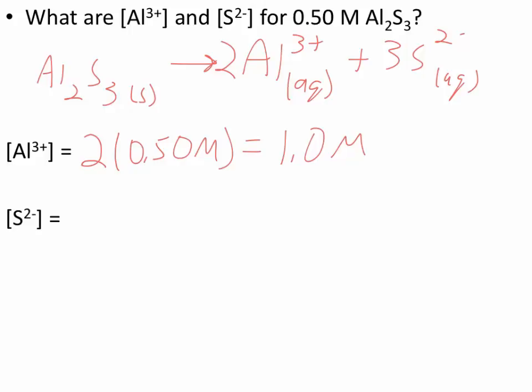Our sulfide ion concentration is 3 times our 0.5 molar, so that gives us 1.5 molar. And so note that in this case now, we again have unequal concentrations, but each of those concentrations is larger than the concentration of the compound that we put in, because we're getting out 2 and 3 of our ions respectively.